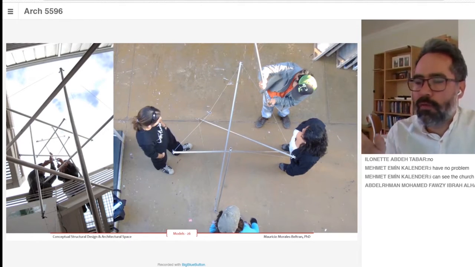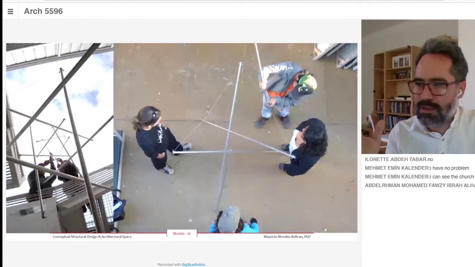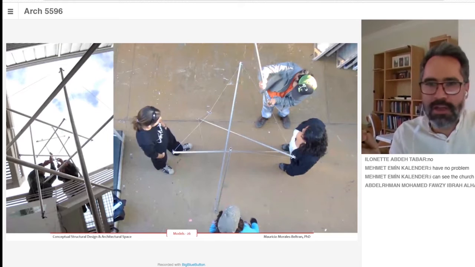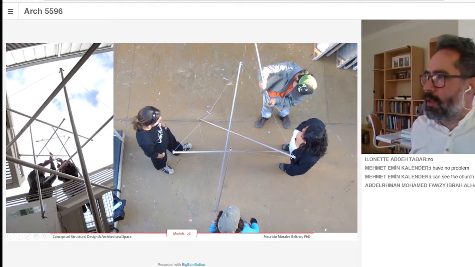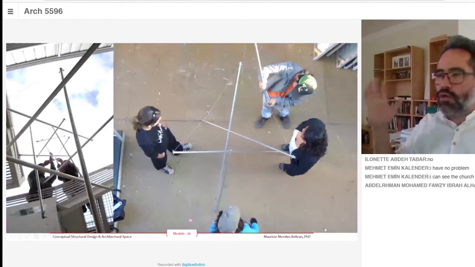The problem is not to understand how this system works, because you can get it in 10 minutes. It's basically a network of tensile elements, which means all the cables are connected to each other, but the compression elements, namely the bars, are all floating. They are not connecting to each other, and that is the tensegrity principle.